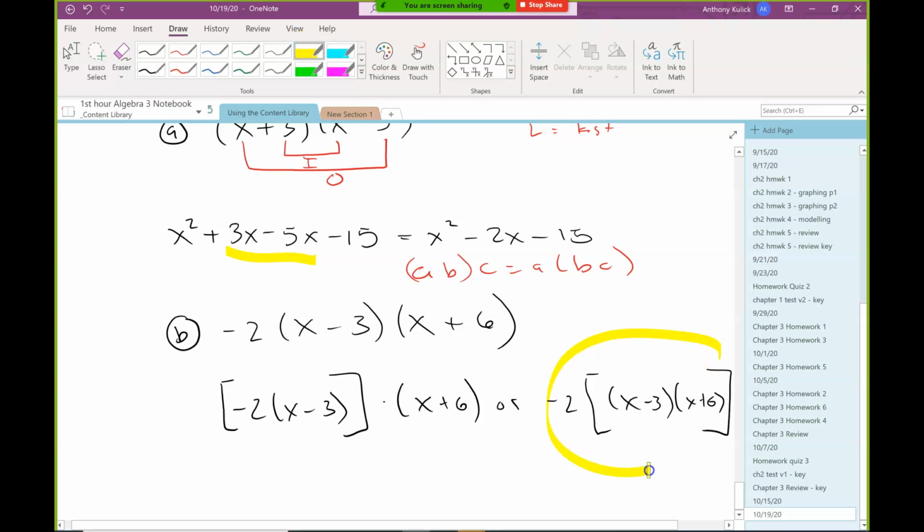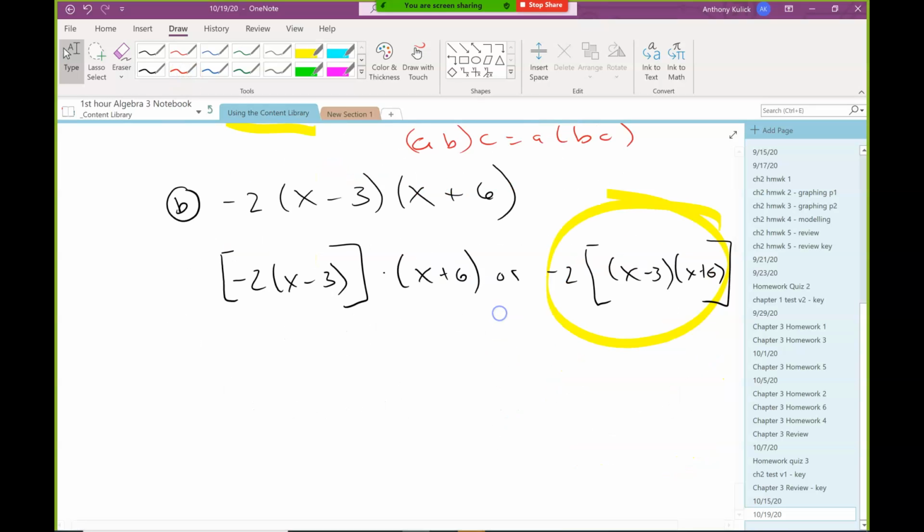What I typically like to do is this one, is I tend to make less mistakes there. I think the foiling is easier as long as the numbers are small. If I multiply the -2 in first, it makes the numbers a little bit bigger immediately, and I think it makes the foiling a little bit more tedious. But either of those is okay. Is everybody okay with that?